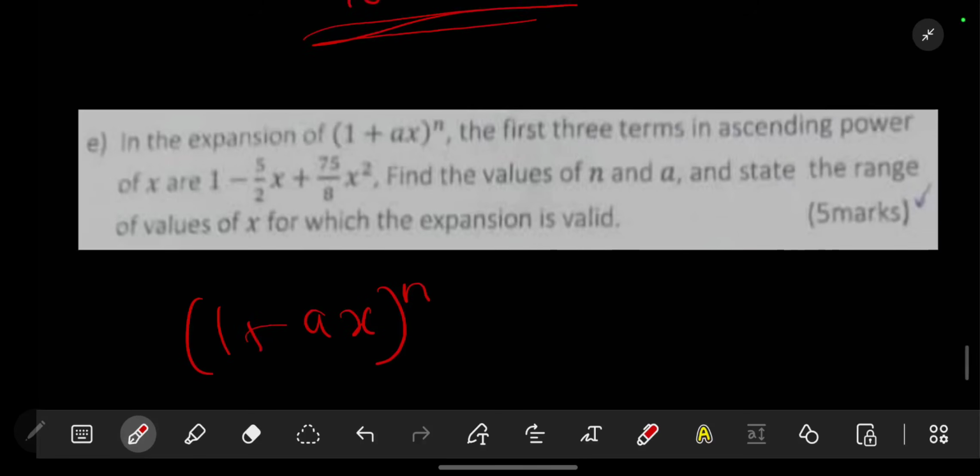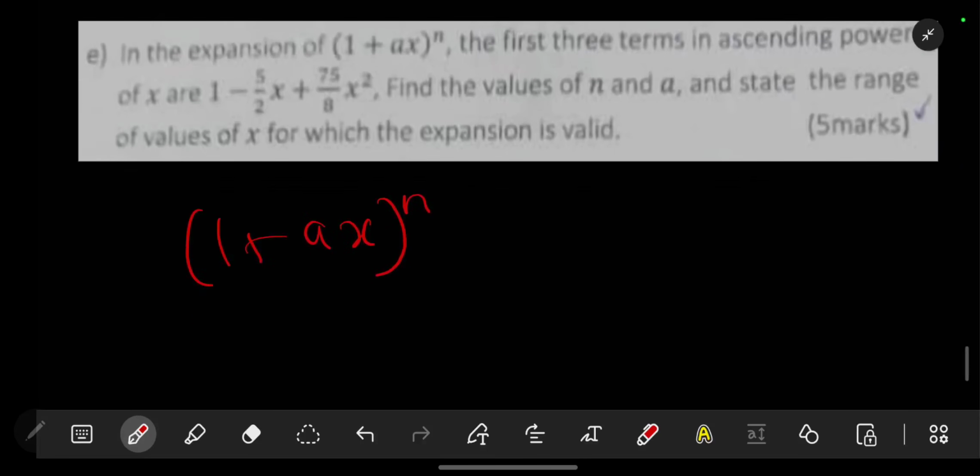So the next one is in the expansion of 1 plus ax to the power of n, the first three terms in ascending powers of x are 1 minus 5 over 2x plus 75 over 8x to the power 2.